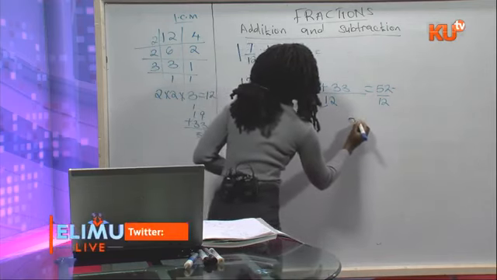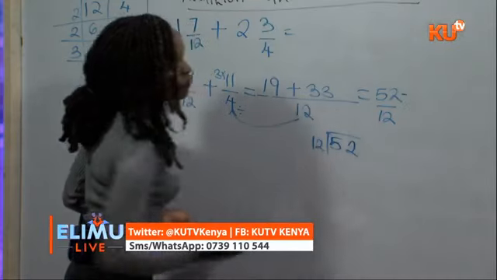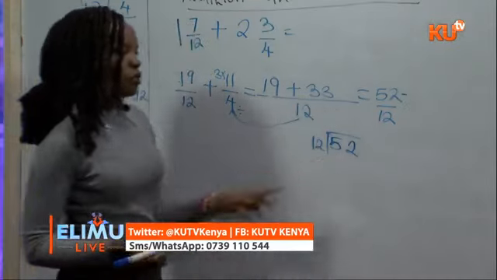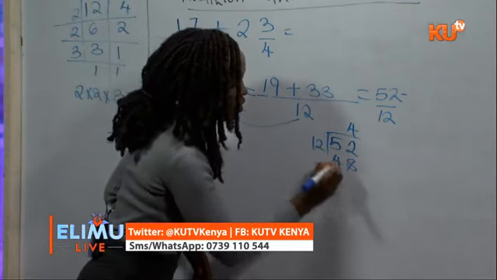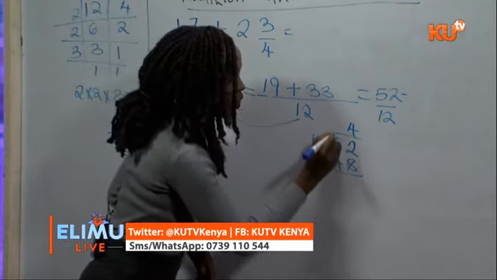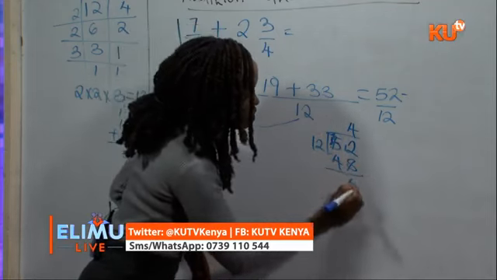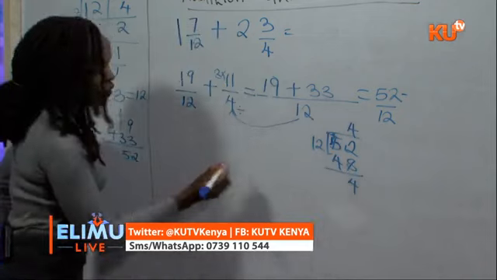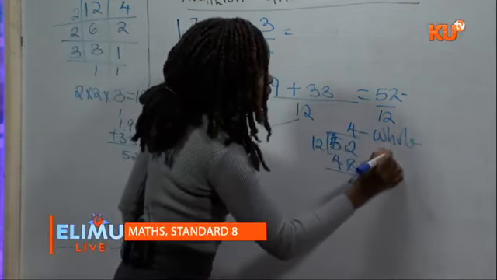So we take 52, we divide by 12. 12 will go to 52 4 times because of 48. And then we subtract, 12 minus 8 is 4. So this 4 here is going to be our whole number.